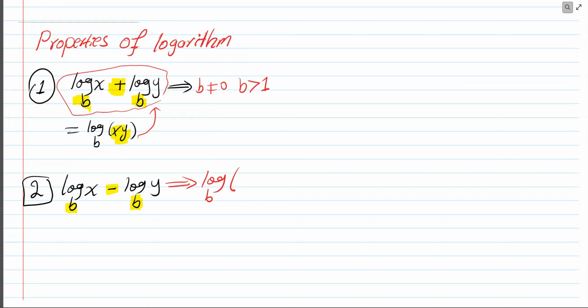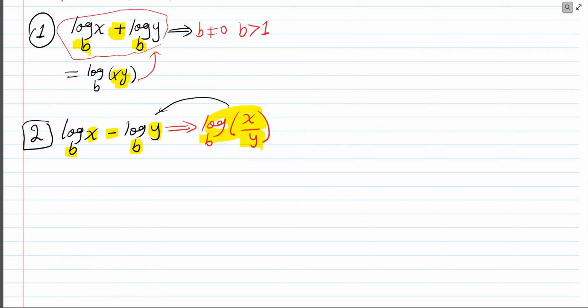The first one, which came first, is x, over the second one, which is y. So the answer is going to be log base b of x over y. Or if you have log base b of x over y, you can separate and make the other one back.